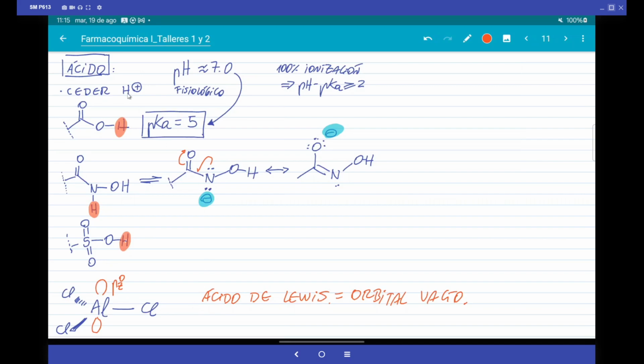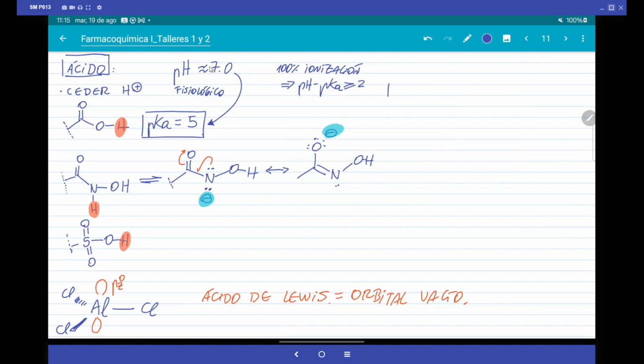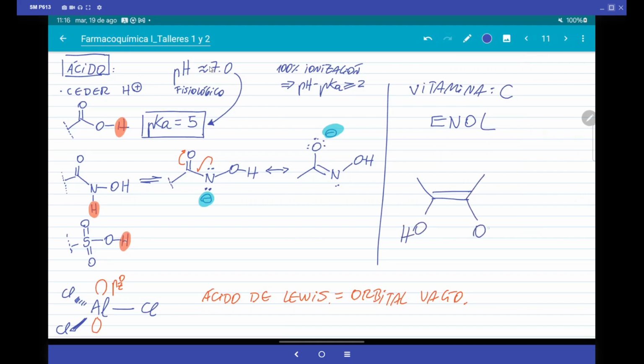Let's see how is the short-term memory? Last week we saw vitamin C, and they say, yes, it is acid. We have all consumed vitamin C. What was the acid functional group of vitamin C? A hydroxyl. Okay, in the case of vitamin C, the function was called enol, with a double bond, and there were two hydroxyls, but remember that only one was the acid.